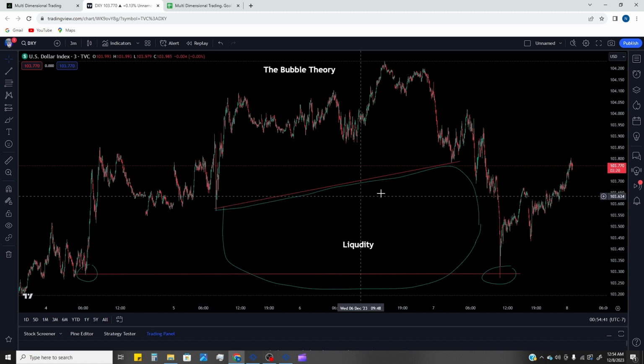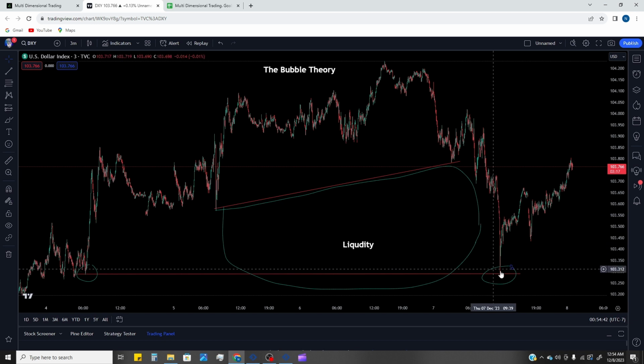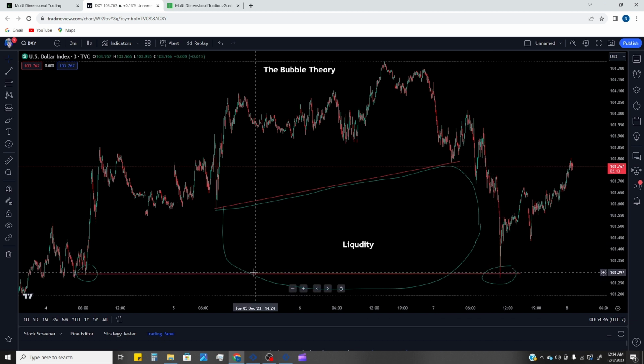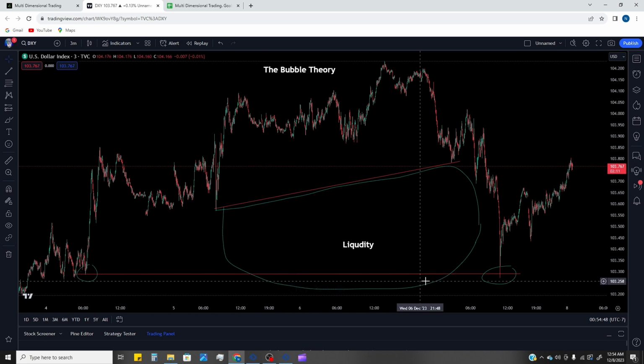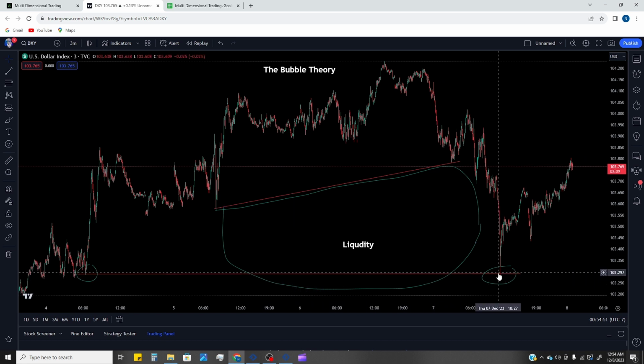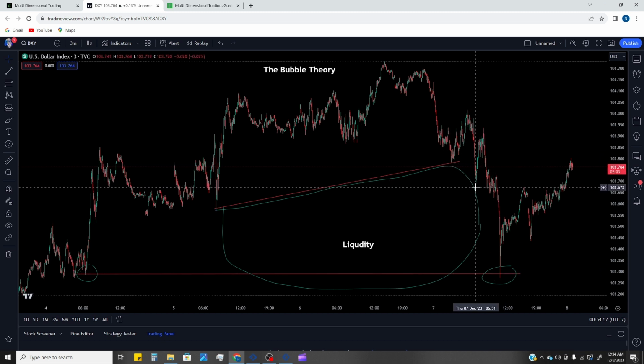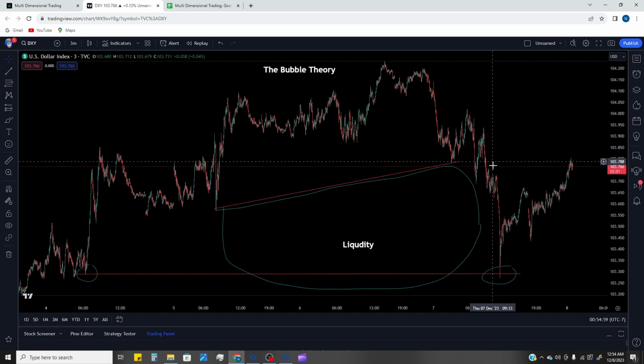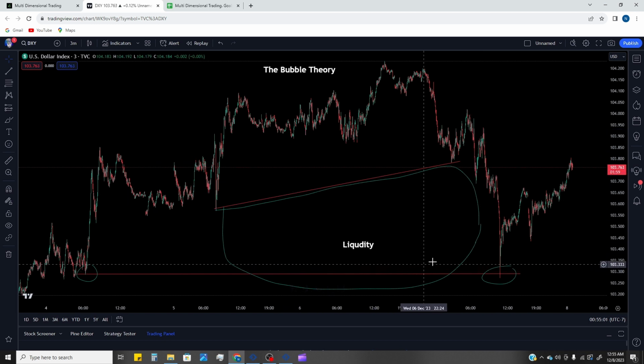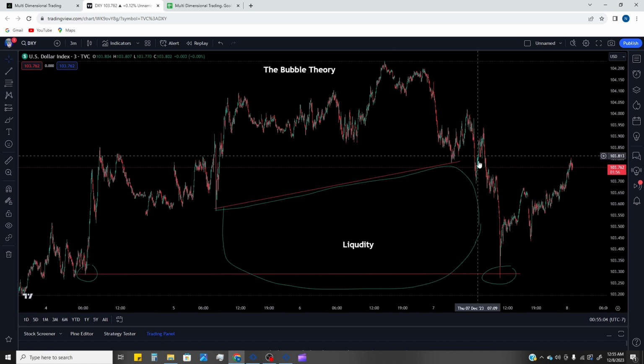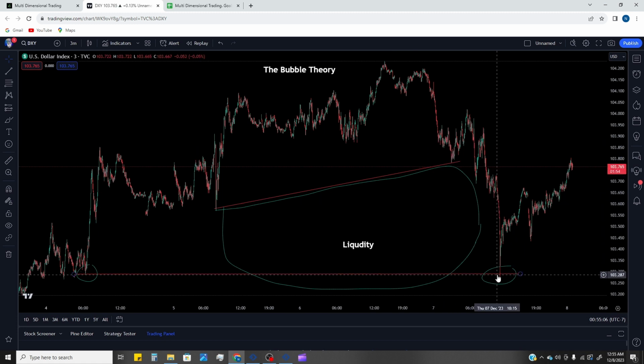The bubble theory shows us literally where liquidity will be. And at the bottom of the bubble is usually where liquidity is. That is where it stops. As you can see, it gets close to the bubble, hits that liquid area, and it bounces. It has all this bubble propping up the market, and it runs right down into it.